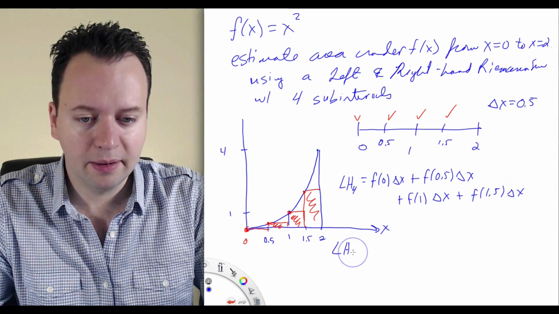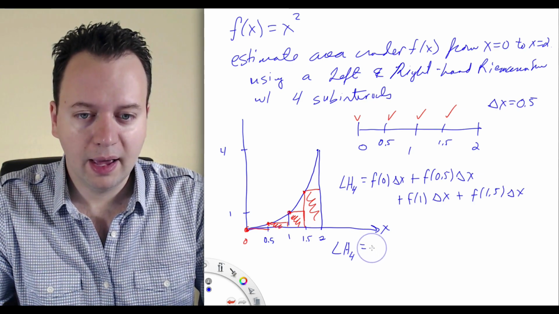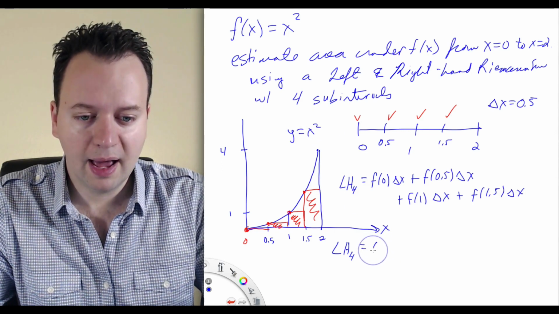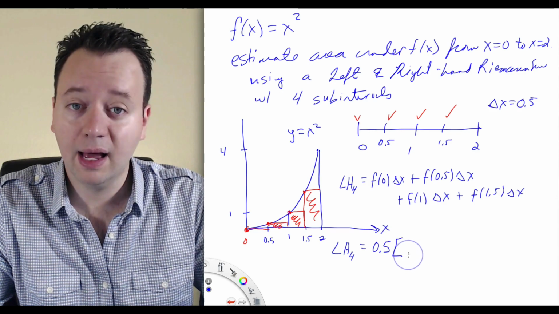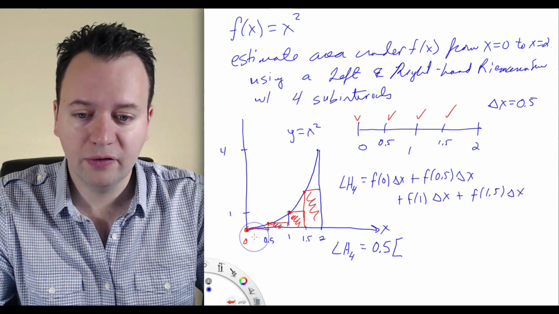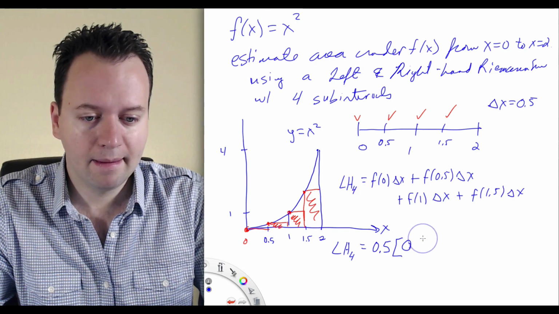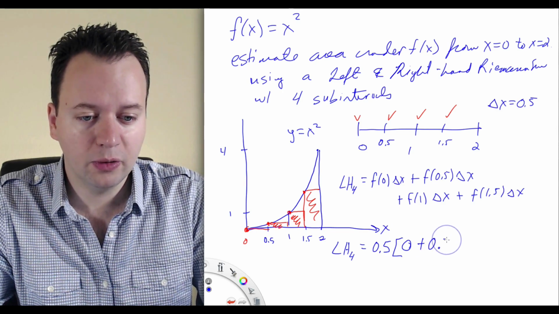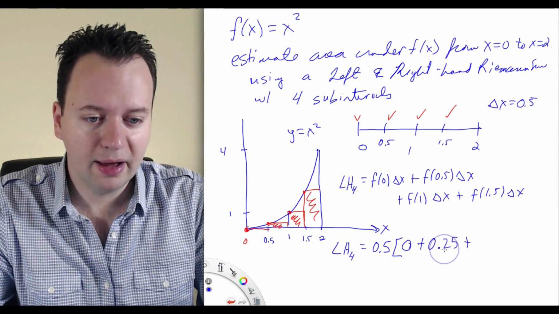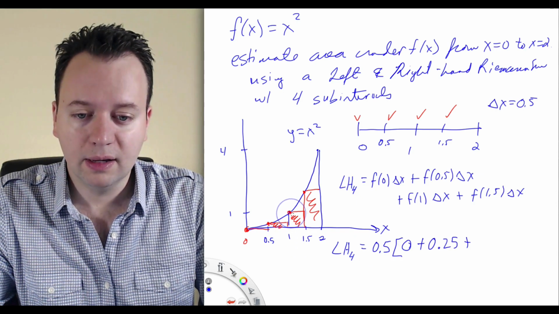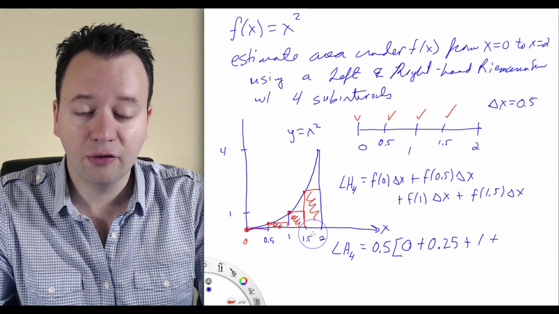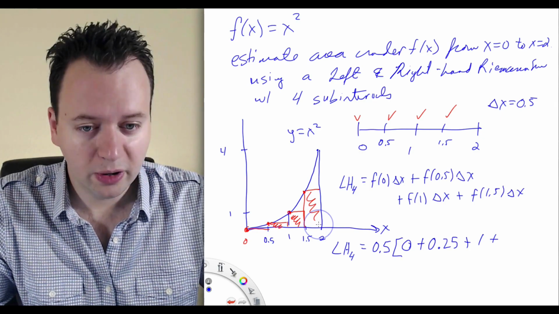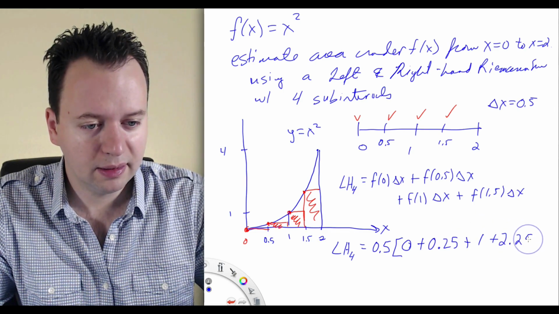So the left-hand Riemann sum is going to equal, okay, so here we have y is equal to x squared, so I have 0.5, that's my delta x, and then times the quantity f of 0, well f of 0 is 0, plus f of 0.5, so 1/2 squared is 1/4, so we have plus 0.25, plus f of 1 is going to be 1, and then f of 1.5, so 1.5 squared is 2.25, just double checked, like that.